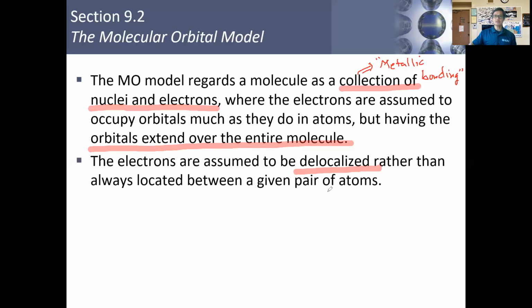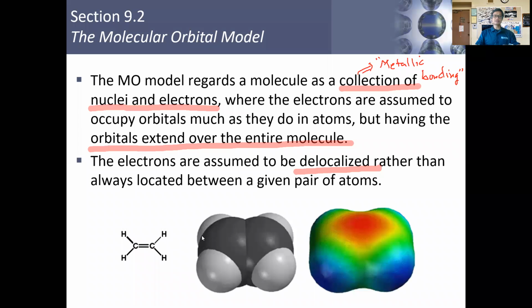Taking a look at the localized electron model, make sure you remember this. With the localized electron model, we talked about how each one of these bonds forms as a result of the overlap of orbitals. In this case, we have a 1s orbital from hydrogen overlapping with an sp3 hybrid orbital from carbon.